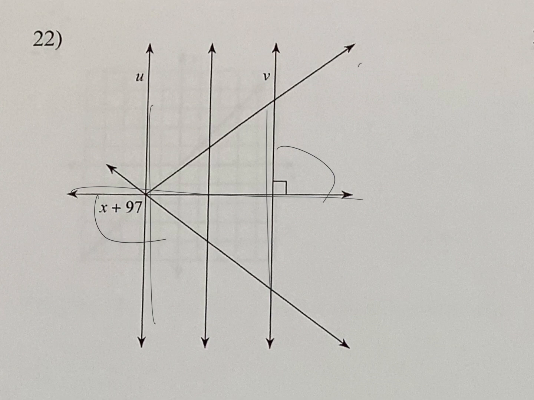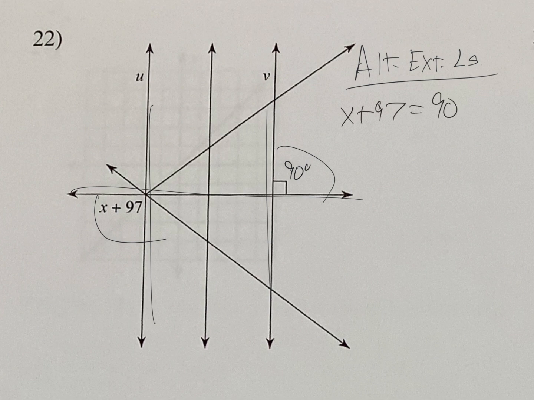So you would say alternate exterior angles, okay? Well, that's 90 degrees. So they're equal. X plus 97 is equal to 90 degrees. Subtract the 97, so you put your numbers on the same side. X equals negative 7.